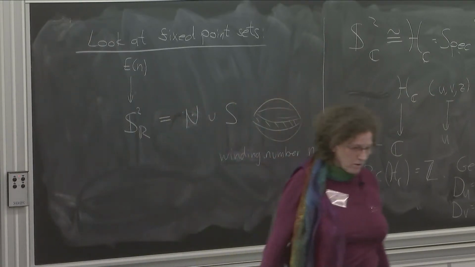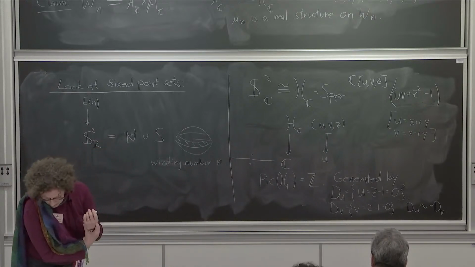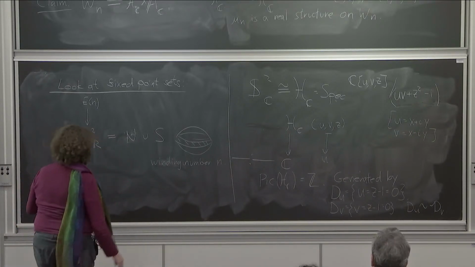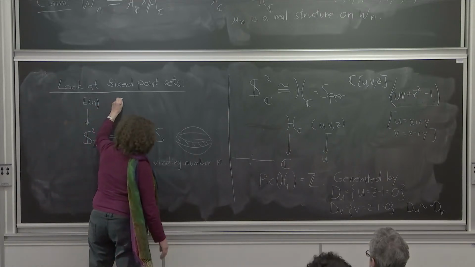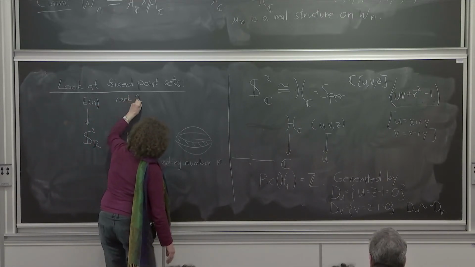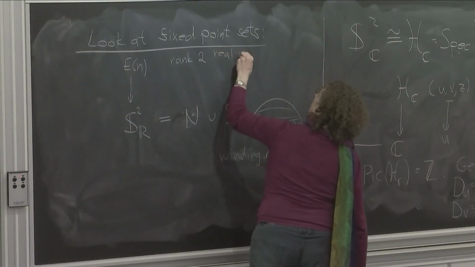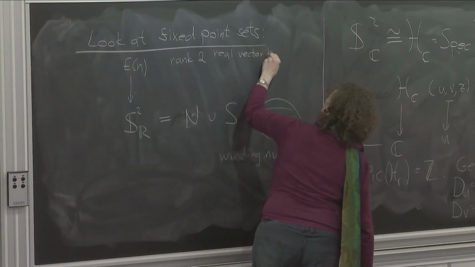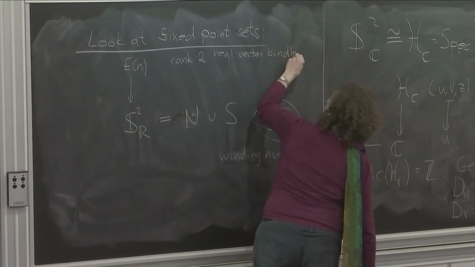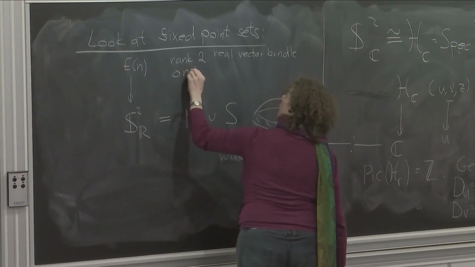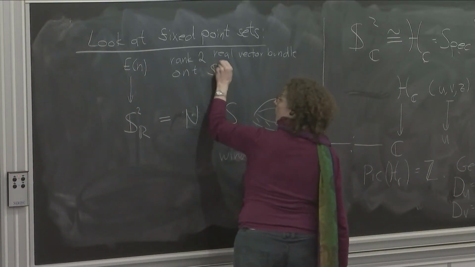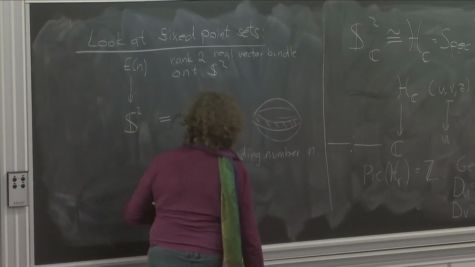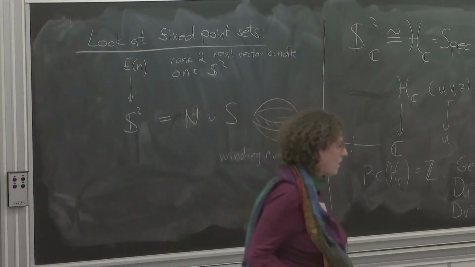Okay? So that means that En is the total space. Rank 2 vector bundle. This is a rank 2 real vector bundle on the real sphere, on S2. Well, so I shouldn't put R here. I should put S2. The real sphere, a topological sphere.